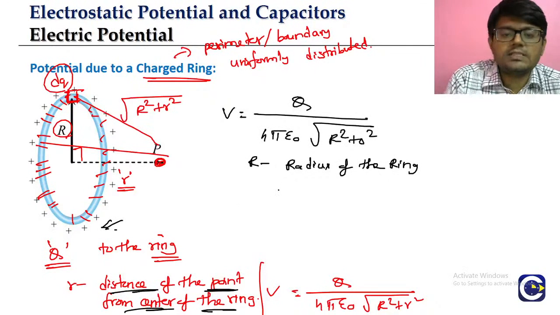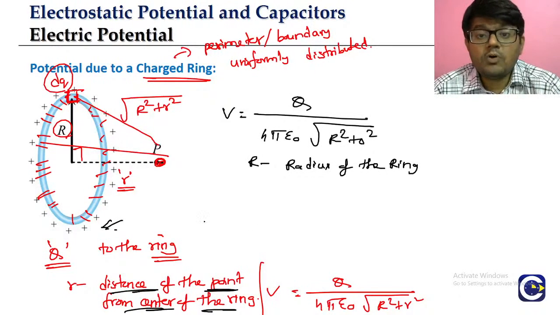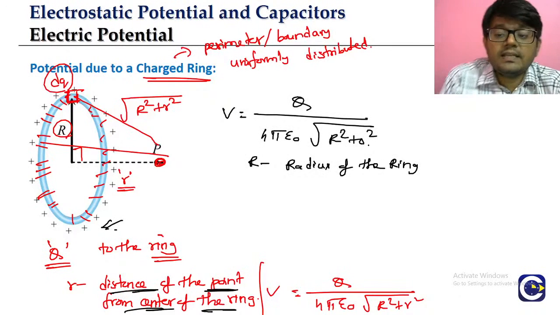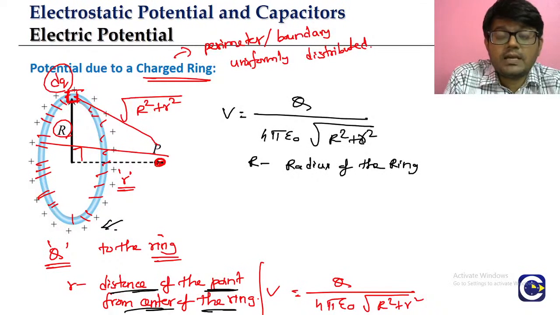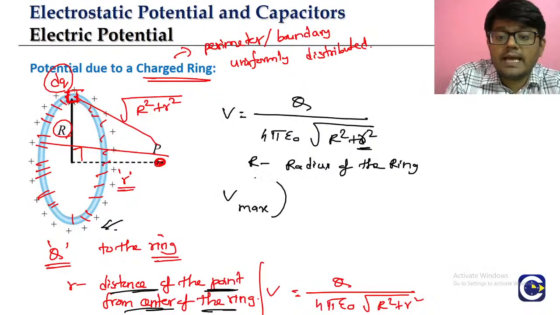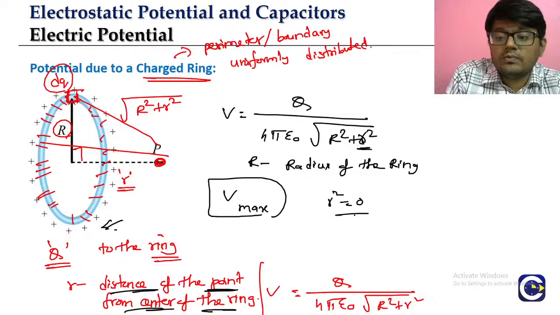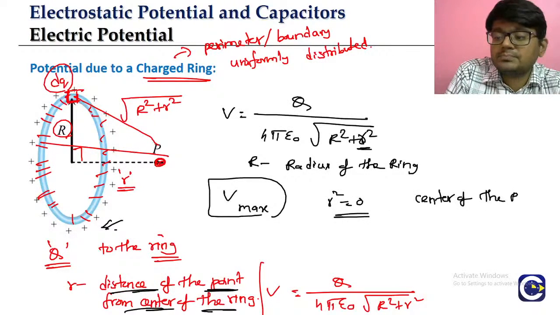So this is the potential due to a charged ring at a point on the axis. The potential is changing because of the small r value. Since small r square is in the denominator, V will be maximum when small r is 0, which means we are at the center of the ring.